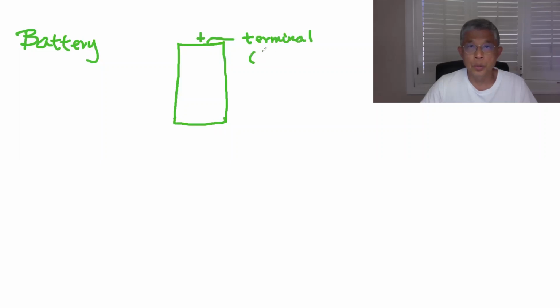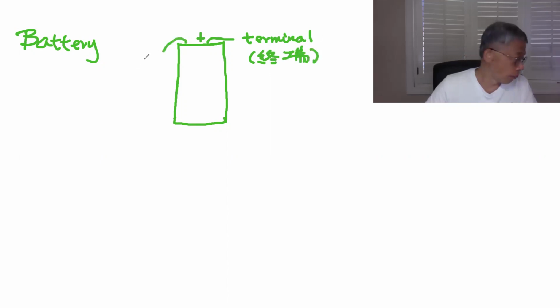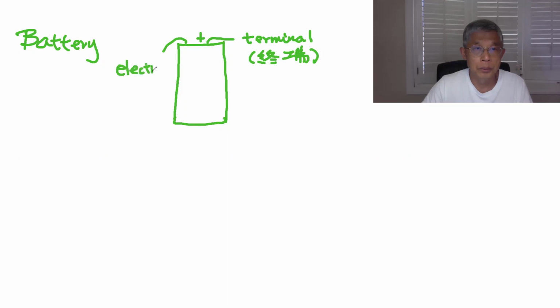Terminal, 中文叫终端。So this is also called positive electrode. Okay. So electrode 就是电极的意思，电极。And so this is the positive electrode, and this side is negative, so it's a negative electrode, right?